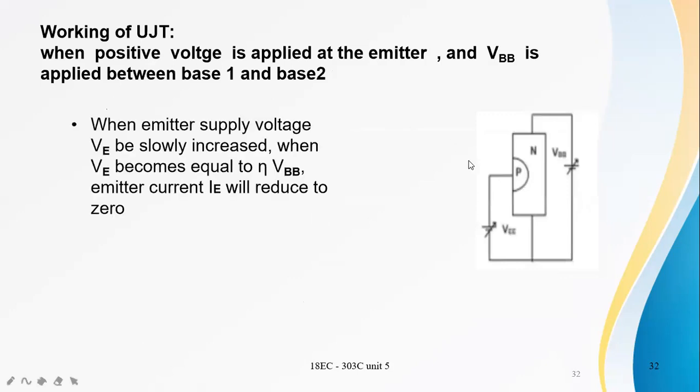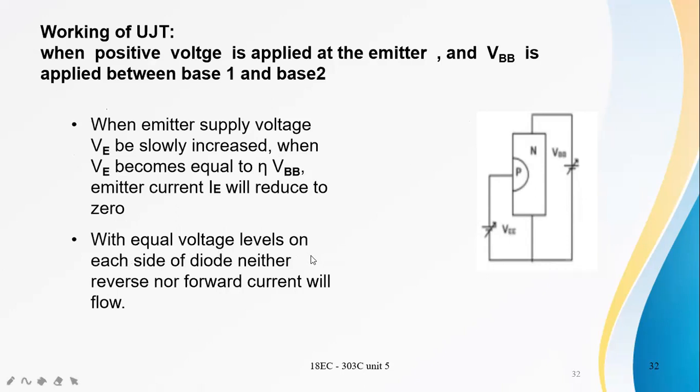When a positive voltage is applied at the emitter and VBB is placed between base 1 and base 2, VA slowly increases, and VA becomes equal to eta times VBB. The applied emitter voltage is equal to eta times VBB, so the voltage at the anode and cathode are the same.